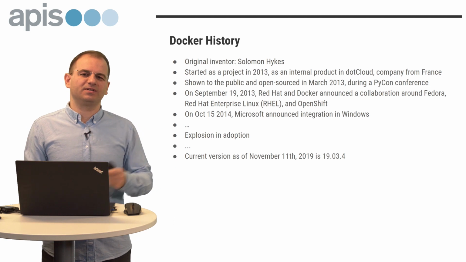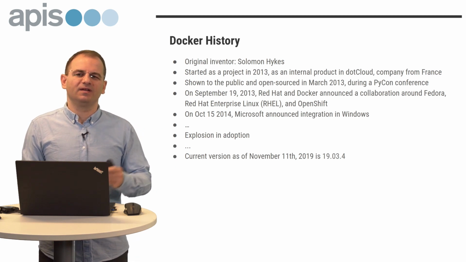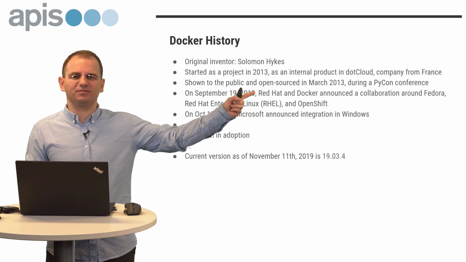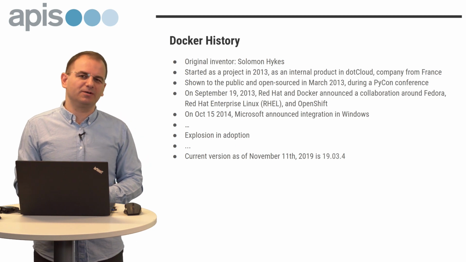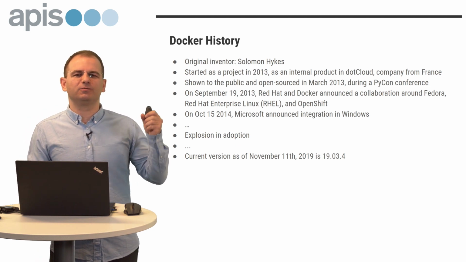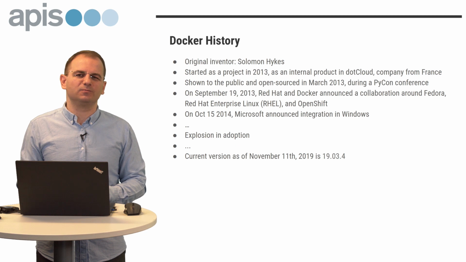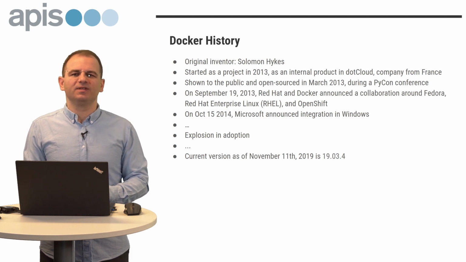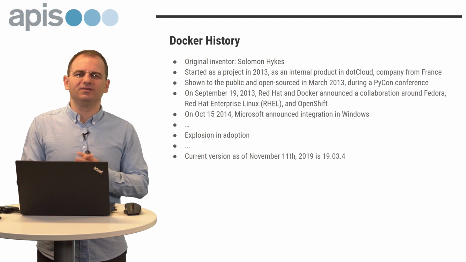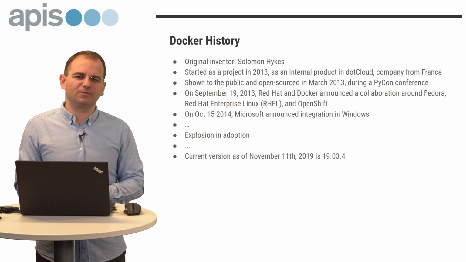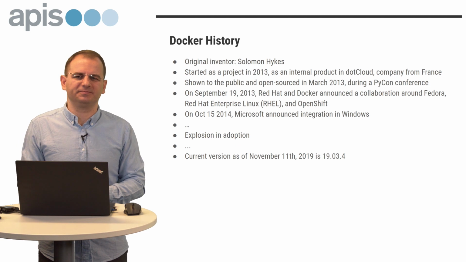They worked on it for some time, and in March 2013, it was publicly shown during a PyCon conference, and it was quickly open sourced as well in the same month. So the first glimpse of what the public could see about Docker was back in 2013.